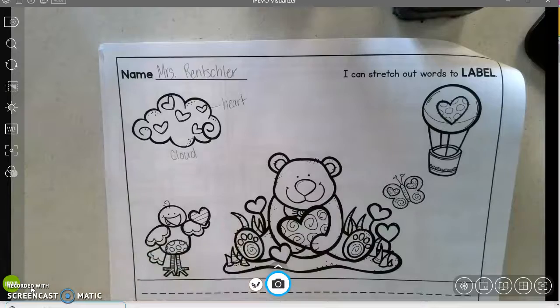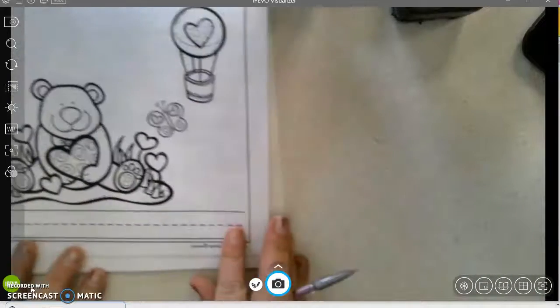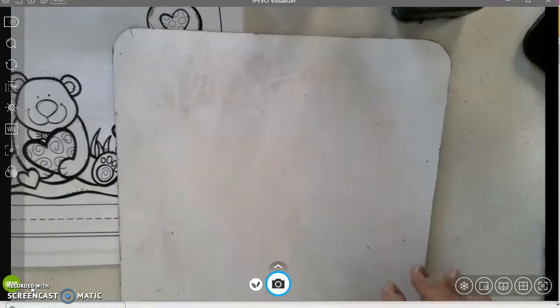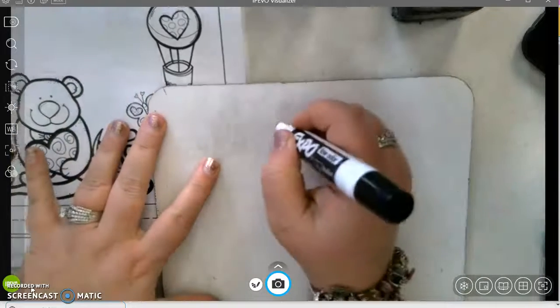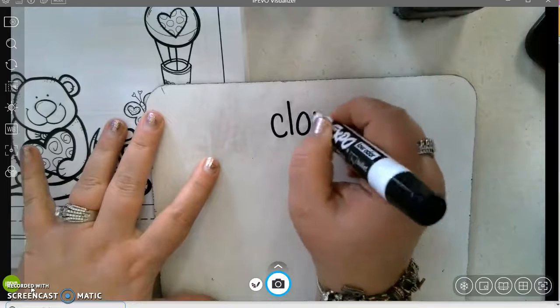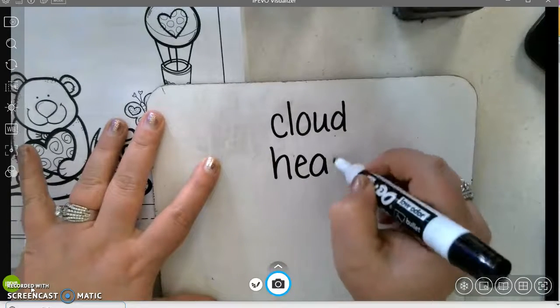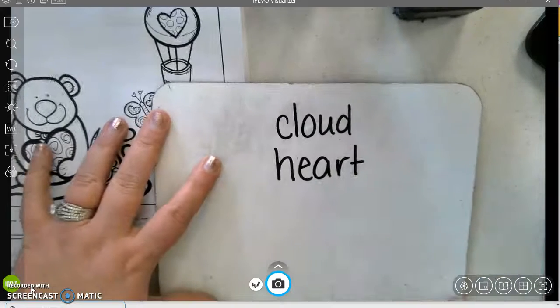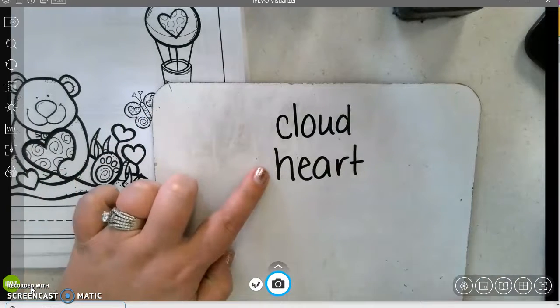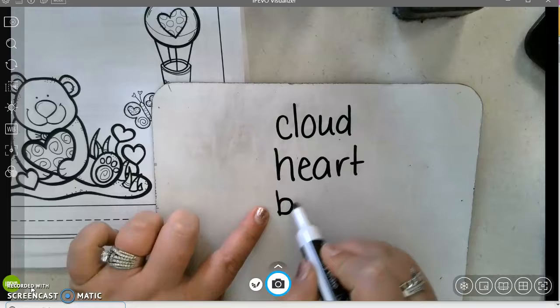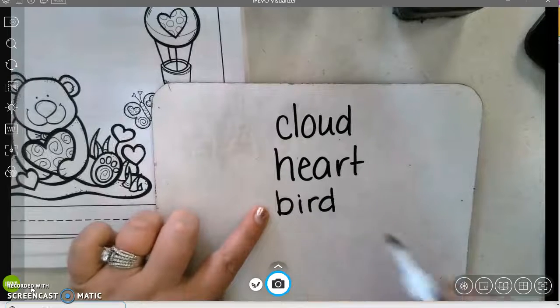Okay. I wrote my word cloud next to my cloud, but I chose to draw a line from the heart to the word heart. One of the things that I'm going to do is give you some words that you might find in this picture, and then you can pause the video and add them to your picture, okay? So we already did cloud, but I'll give you cloud and heart, okay? You can find the cloud, you can find the heart. There is a bird you could label.